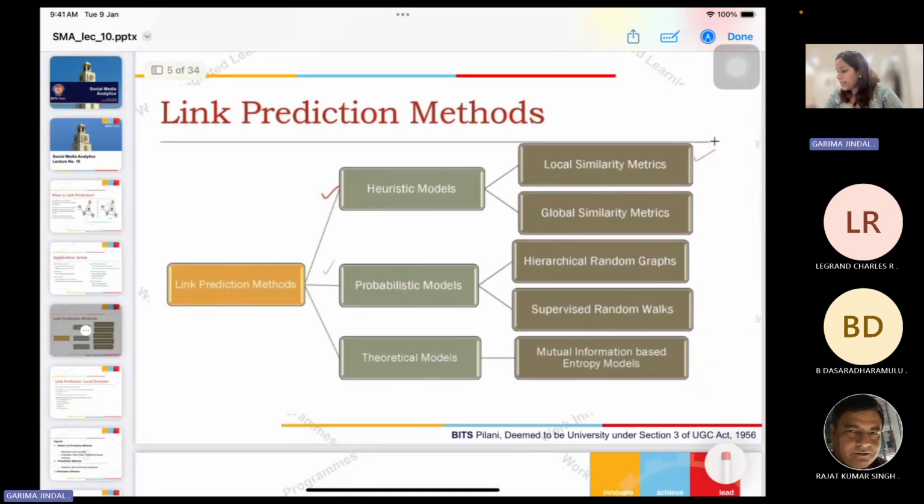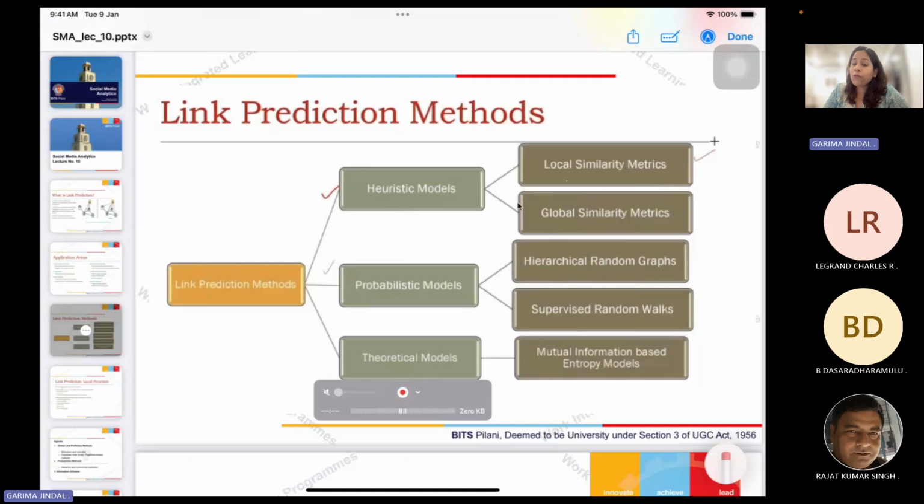Then we saw that link prediction can be solved using different types of algorithms. We started with heuristic models, which are further divided into two types. The first is local measures. In the last lecture, we mostly saw these local measures: how, based on your neighbors, you can predict the links, based on the number of common neighbors or the neighbors' properties.